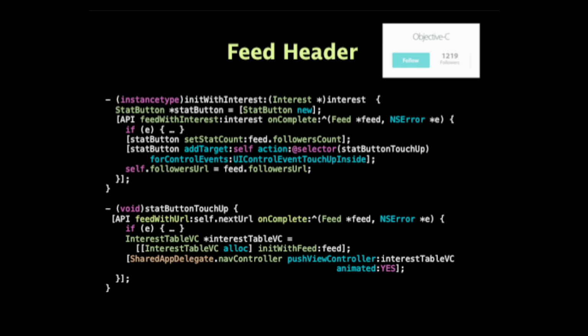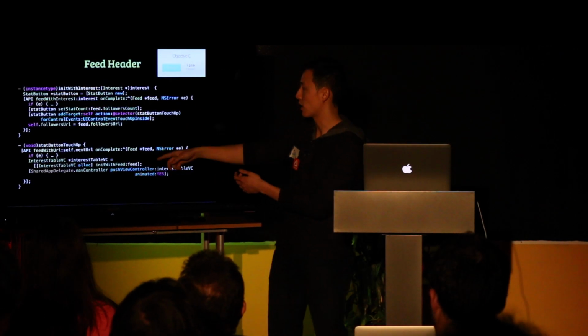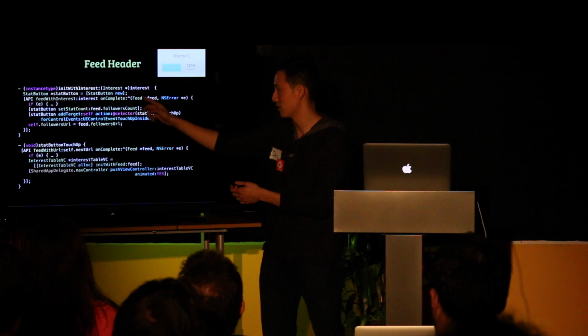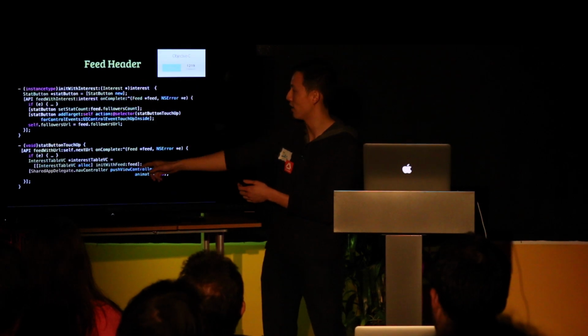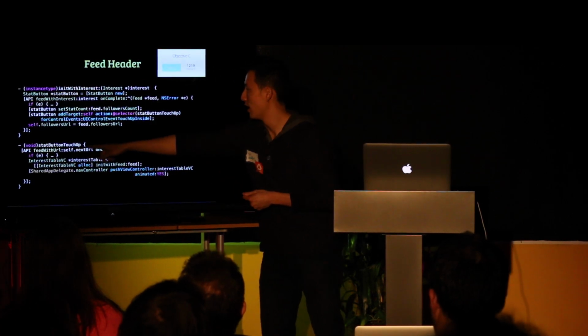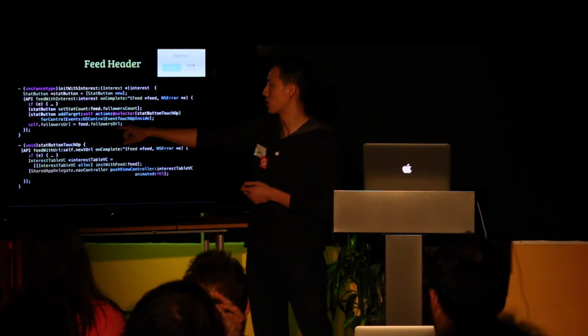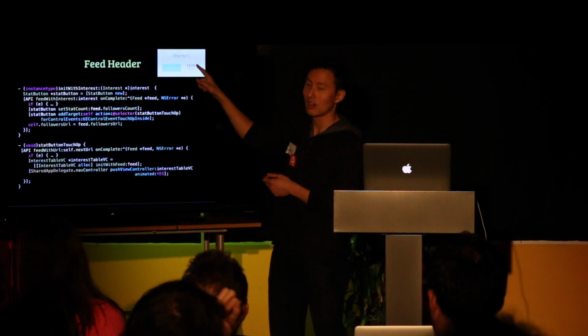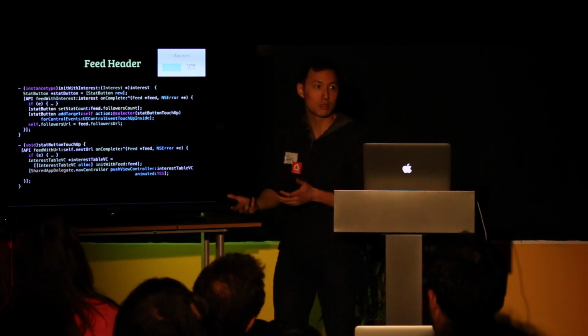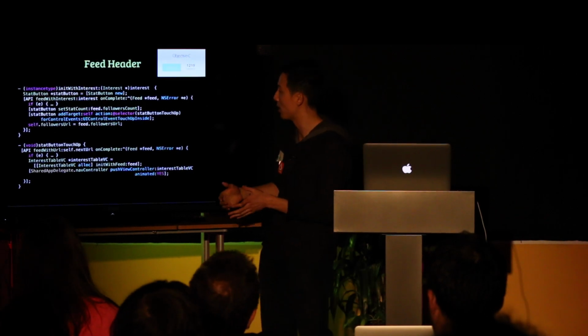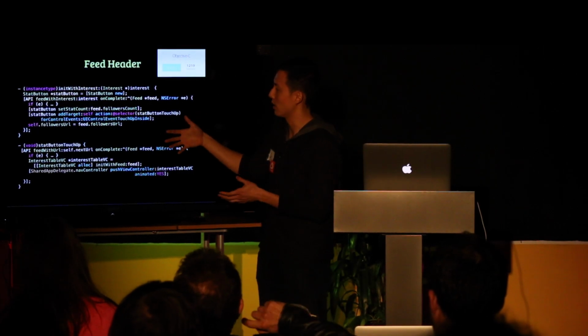And then later on, you say, okay, well, I add the stat count. As soon as the data is ready, I do the target action, right? So you add the target somewhere else in the code, maybe like 100 lines down. You add this other method, and then you have to make sure you keep enough state about what happens when you click on this through an instance variable, which is actually kind of atrocious if you think about it. I mean, why do you have to keep state to communicate?